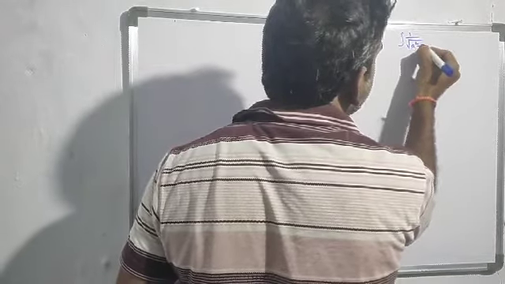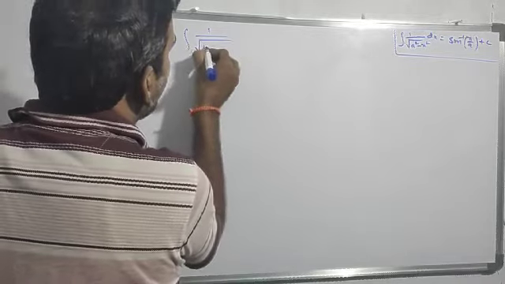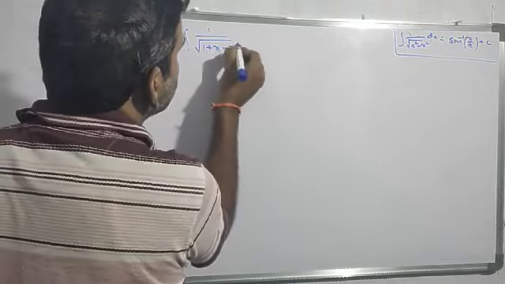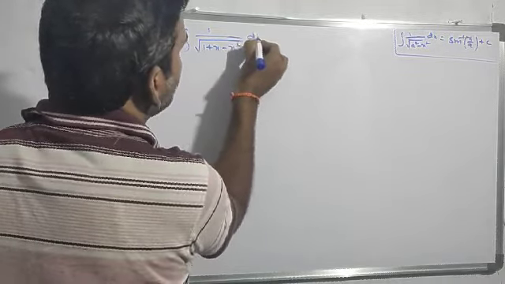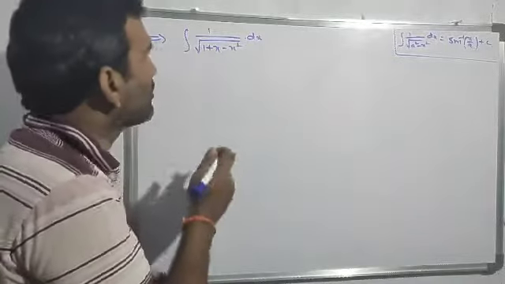I will use this formula at the proper time. Here I am taking one problem: integration of 1 by square root of 1 plus x minus x square into dx. I am choosing this problem to use this formula.